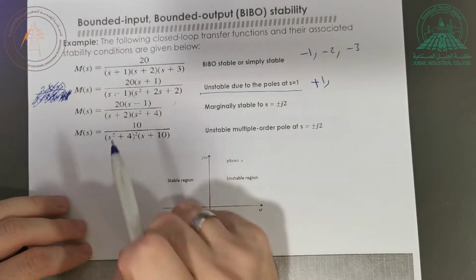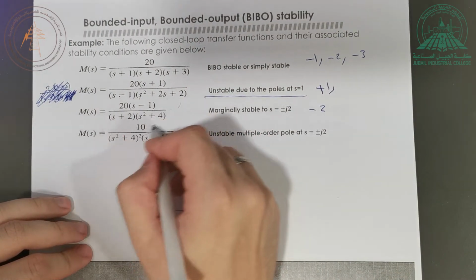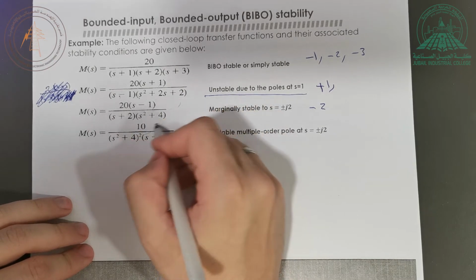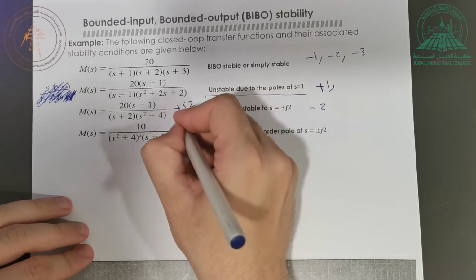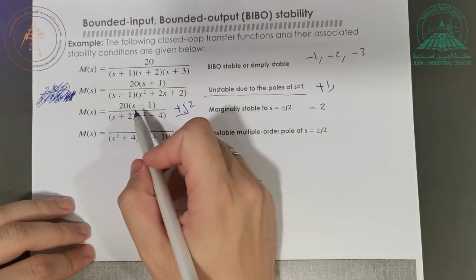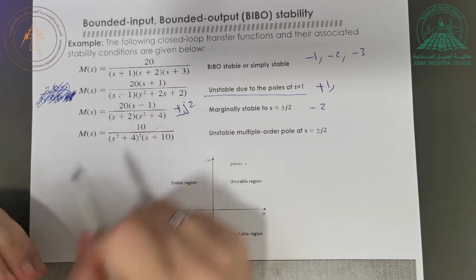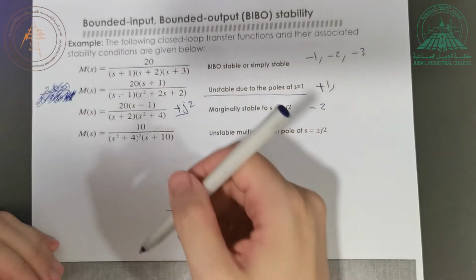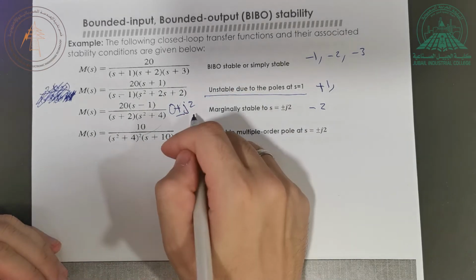How about this one? I have a pole at -2, but opening this one up, I have 2 poles: one at +j2 and the other at -j2. So this gives me 2 imaginary poles. You can see that these poles are located on the j omega axis, because I don't have a real part here, only an imaginary part.